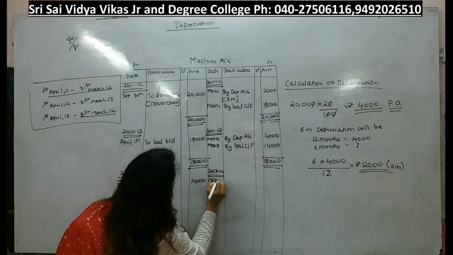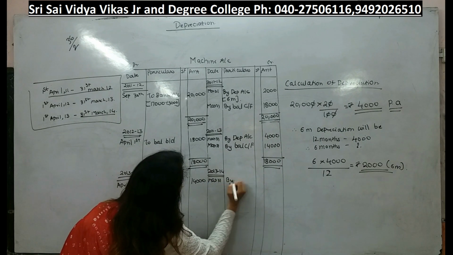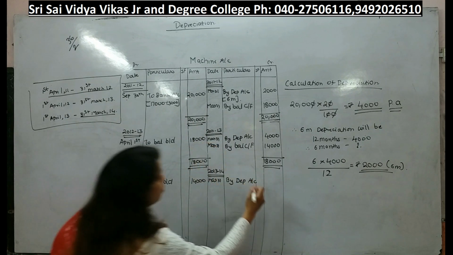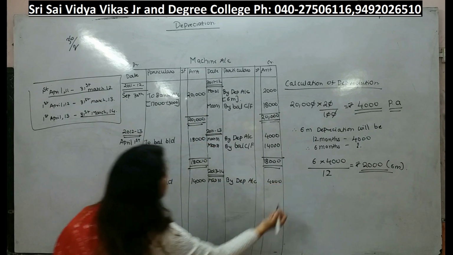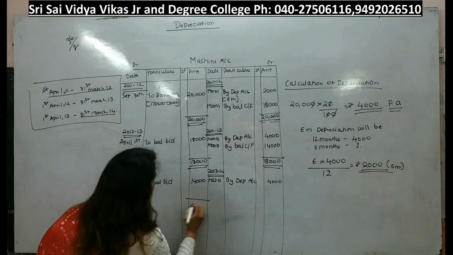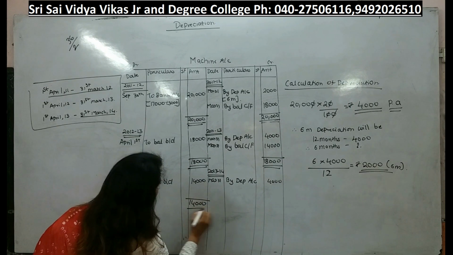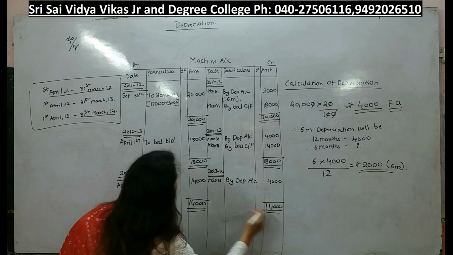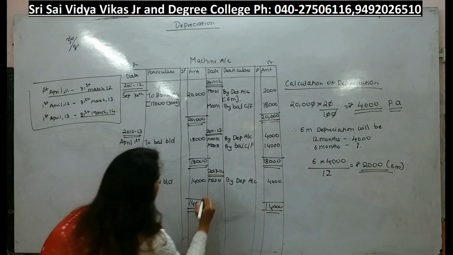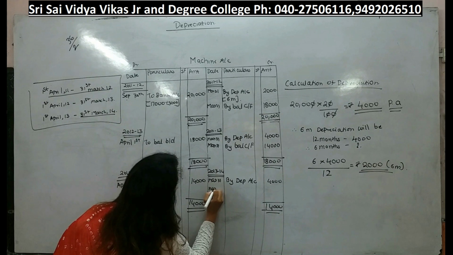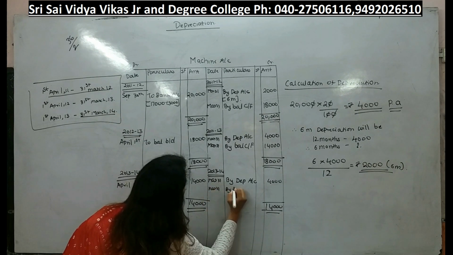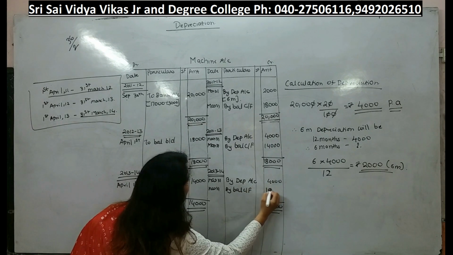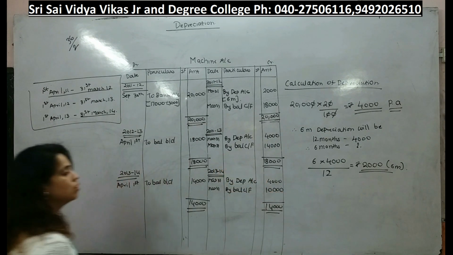So here, March 31st, again by depreciation. What will be the amount? 4,000, because we are just using the machine, right? So again, the value at the beginning of the year was 14,000. After the use for a year, the value will decrease by 4,000. So at the end of the year, the value will be 10,000.